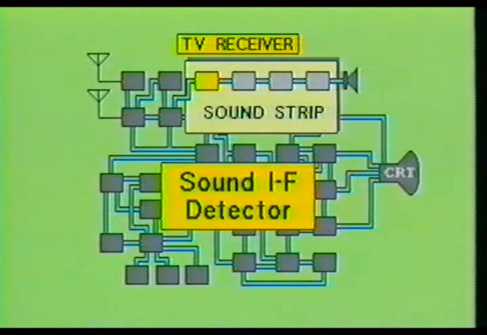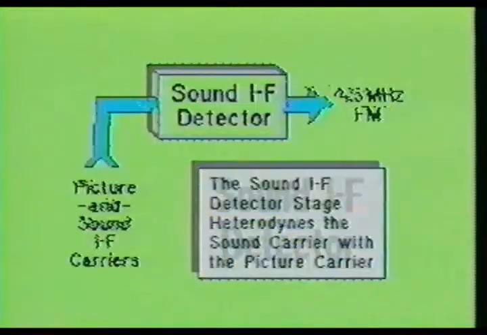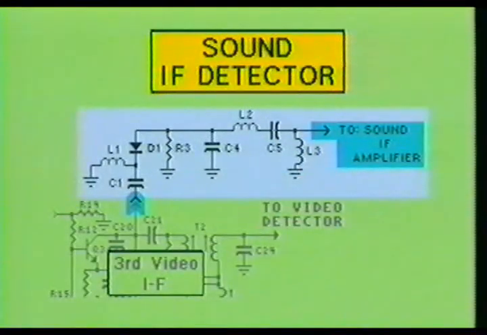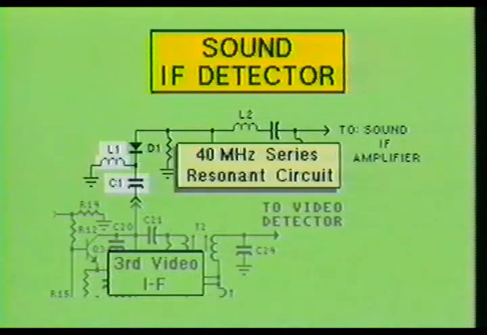The first stage in the color television sound strip is the sound IF detector stage. Here you see the sound IF detector stage of a color television receiver, which downconverts the 41.25 MHz IF sound carrier into the new frequency modulated 4.5 MHz intermediate signal. Capacitor C1 and inductor L1 form the series resonant circuit tuned to 40 MHz.